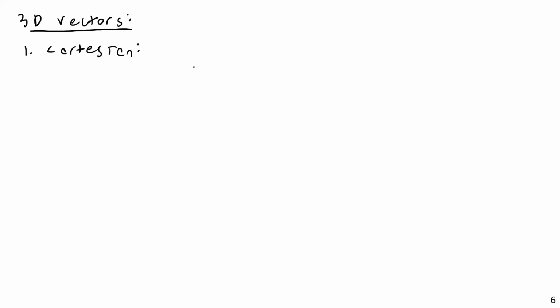And this is where you represent your vector, so you have a force F. Maybe I would represent this as an Fx component, an Fy component, and an Fz component. So I would have a set of axes, x, y, and z.